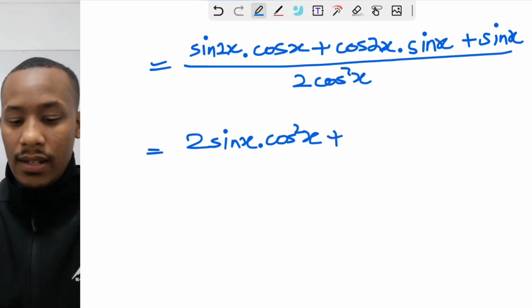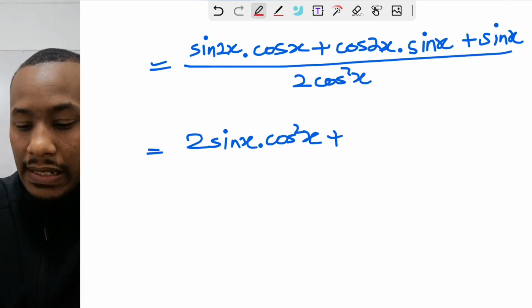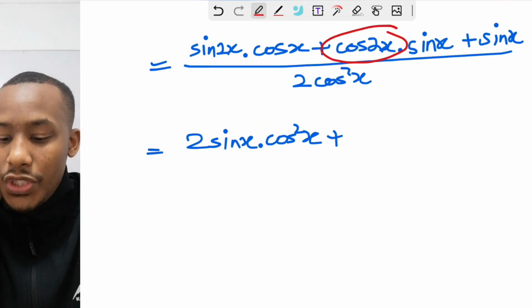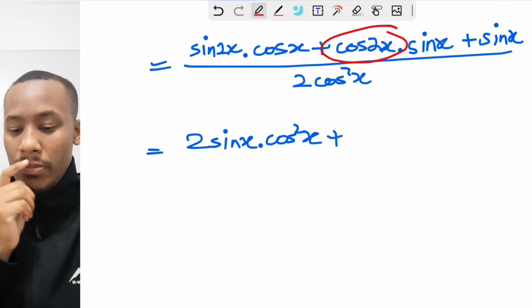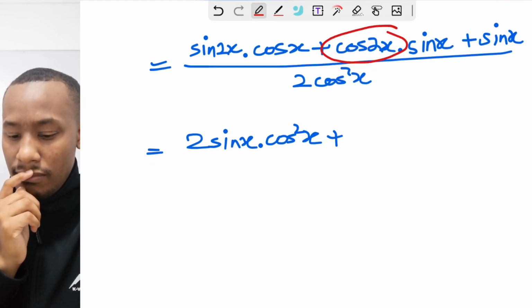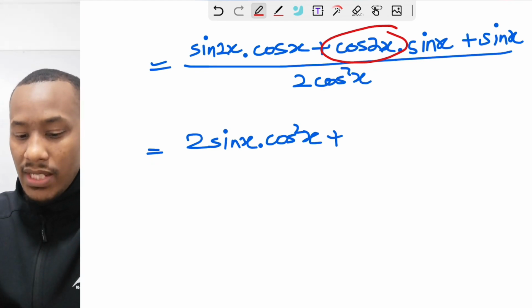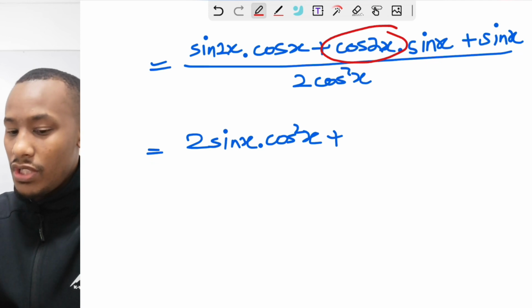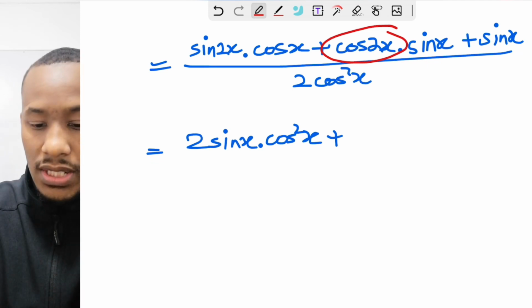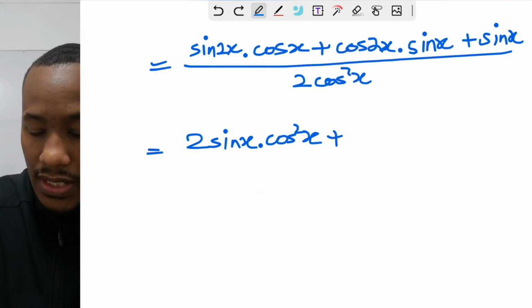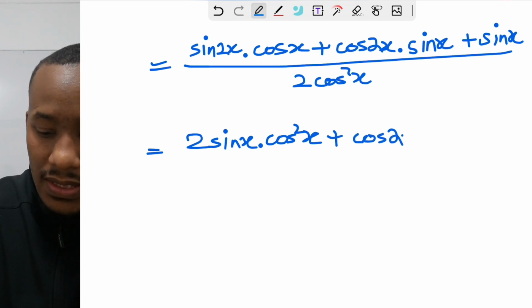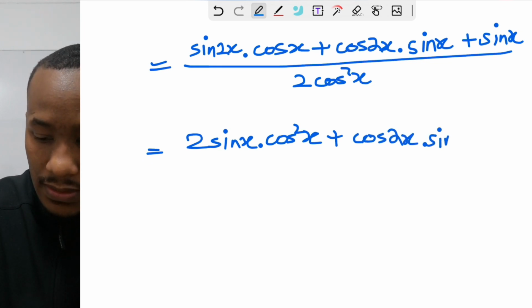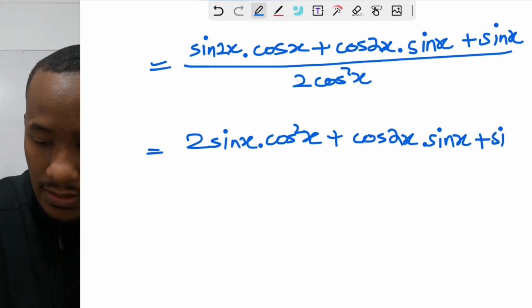I have another identity over here, but I don't know if I should use it immediately. Let's leave that as is for now. I don't think it's useful to change that just yet. So we'll leave it as cos 2x times sine x plus sine x.